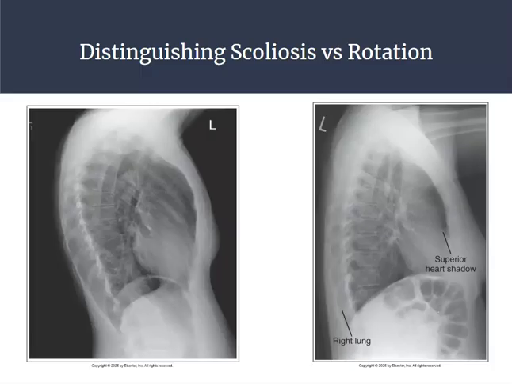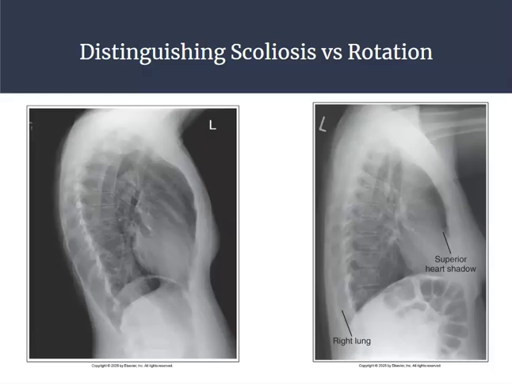It's important to note that you really need to view the PA chest projection to confirm the diagnosis of the patient. Also, when distinguishing scoliosis versus rotation, the posterior ribs will be demonstrated with differing degrees of separation depending on the severity of the scoliosis.